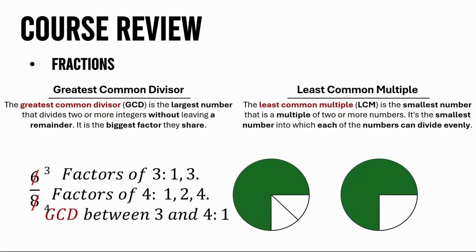The greatest common divisor, GCD, is the largest factor 2 or more numbers share. The least common multiple, LCM, is the smallest multiple common to those numbers.